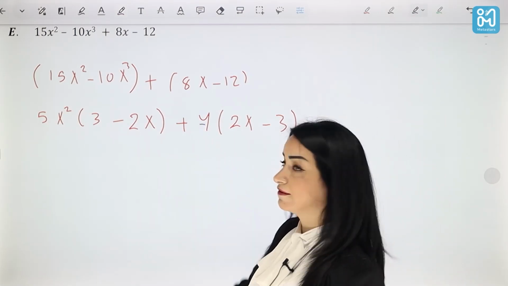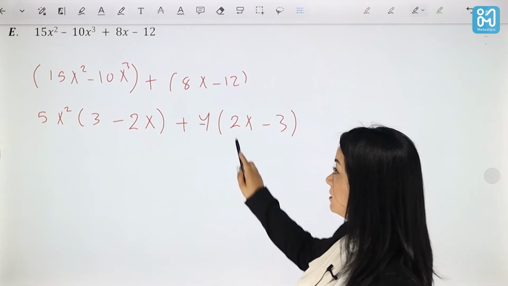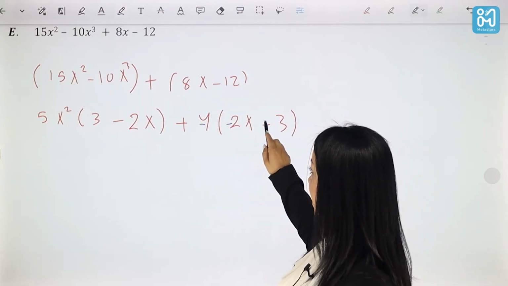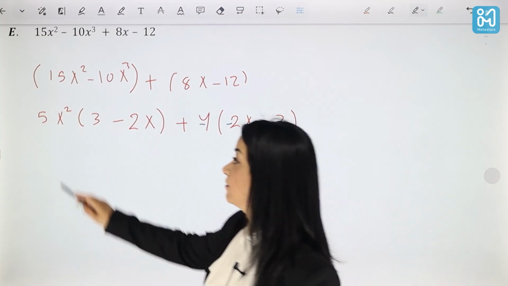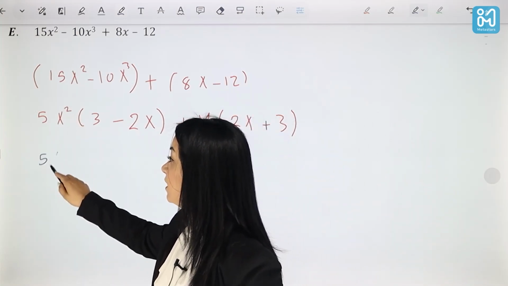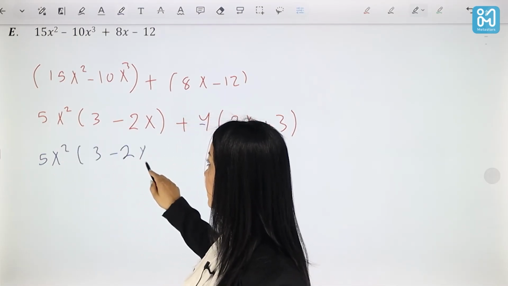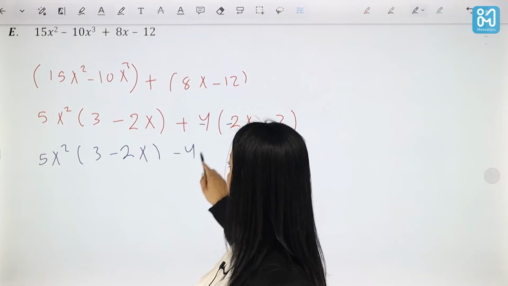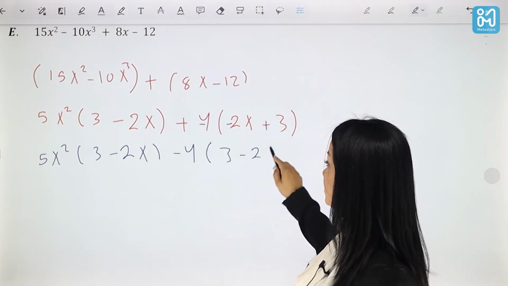So to take the negative outside, I will flip the sign for the second parenthesis. So this one will be negative, and this one is what? Is positive. So let's rewrite it now. So it's 5x squared times 3 minus 2x, minus 4 times, let's write the positive first, 3 minus 2x.